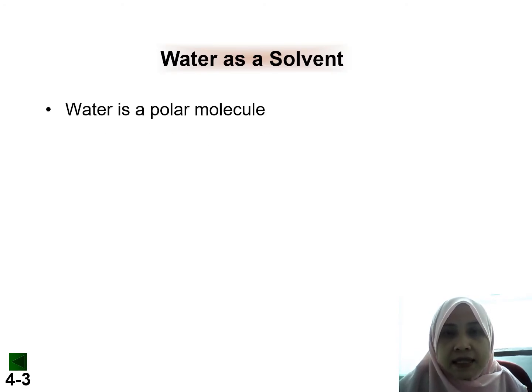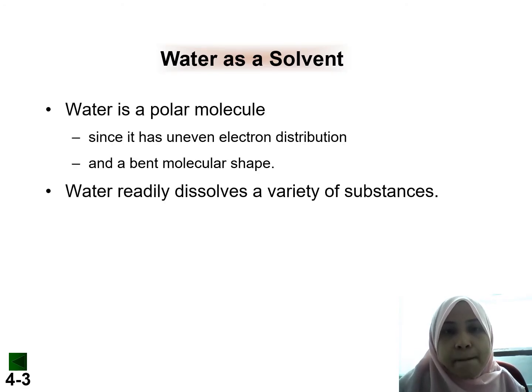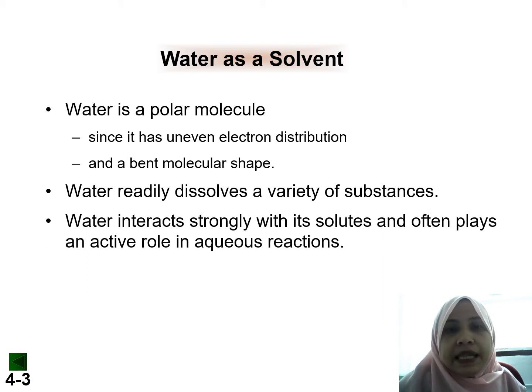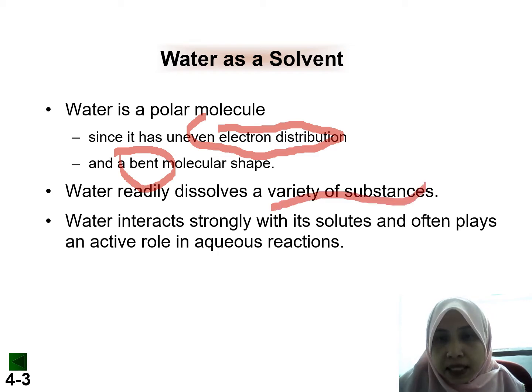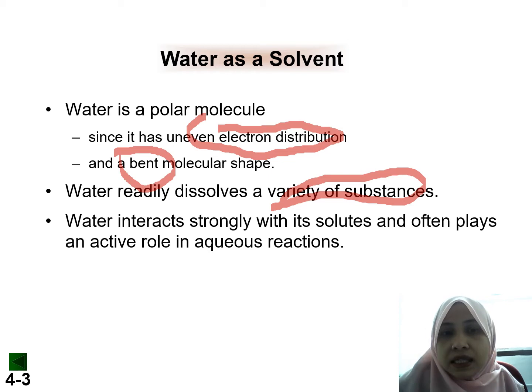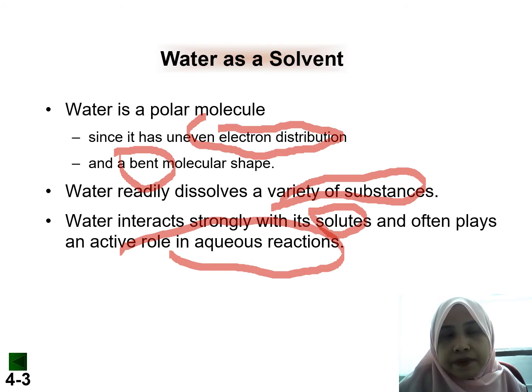Water as a solvent: water has some properties, such as uneven electron distribution, and the molecular shape of water is bent. A variety of substances can dissolve in water because water can interact strongly with its solute and often plays an active role in aqueous reactions.